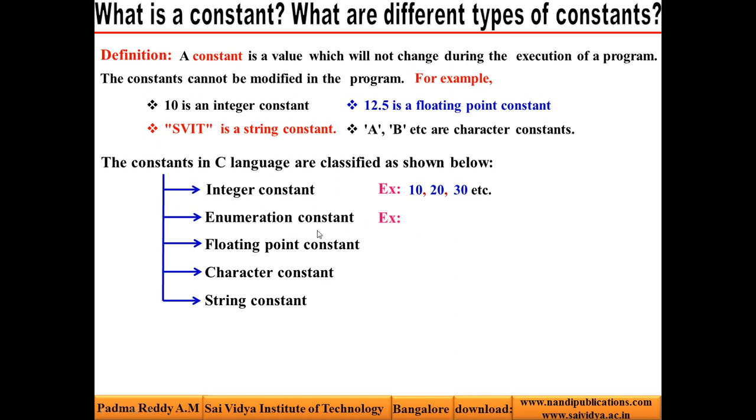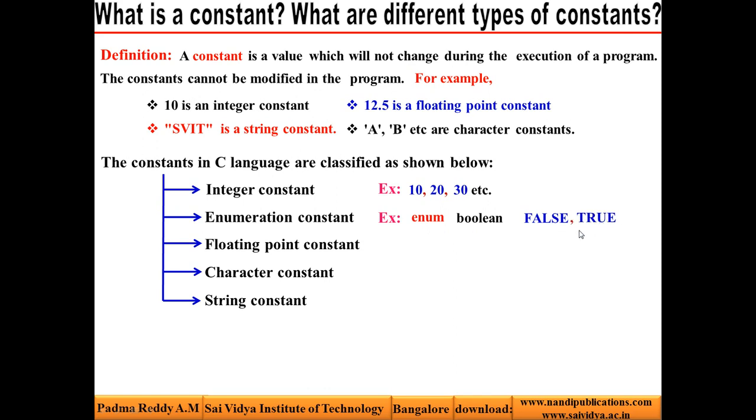All enumeration constants are identified by the keyword enum. This is the keyword, and this keyword is immediately followed by an identifier, say boolean. Now let us give some names to the constants. The first name given is false and the second name given is true.